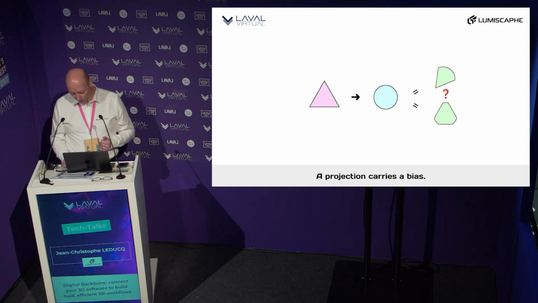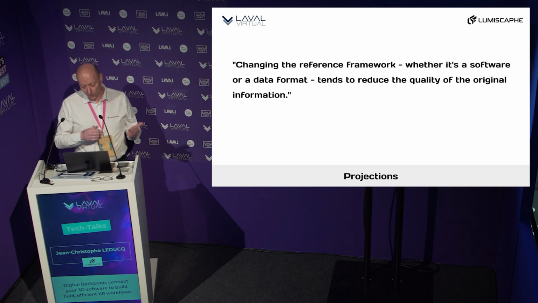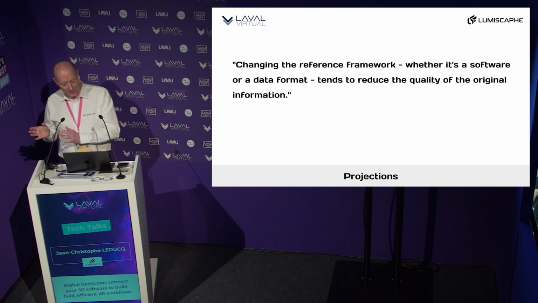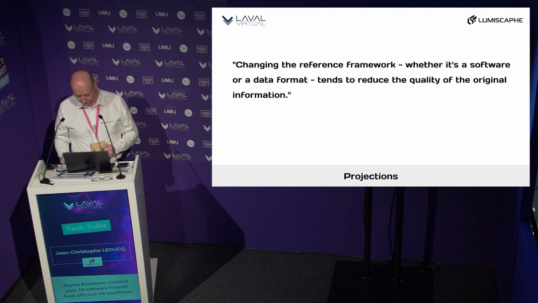That's the first thing I want to explain. And what we can say is that changing your asset from one world to another world tends to reduce the quality of the original data. Perhaps it will not impact the final usage of your data, but in general, you reduce the initial information.